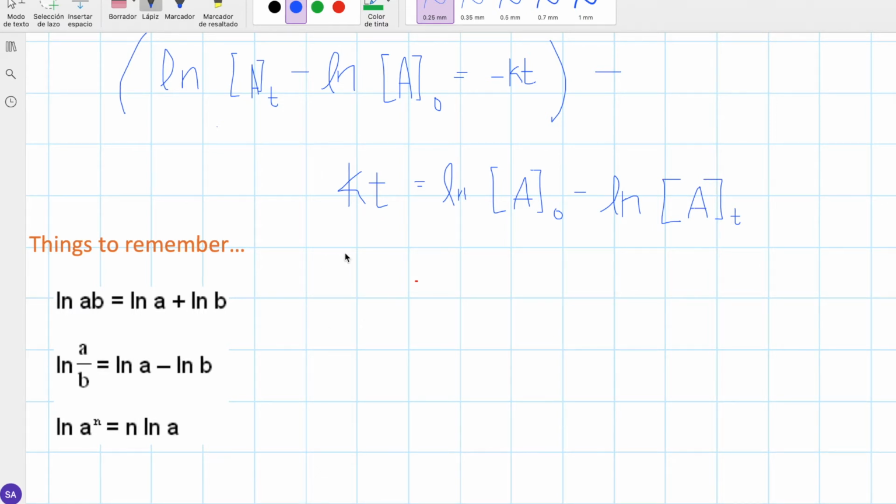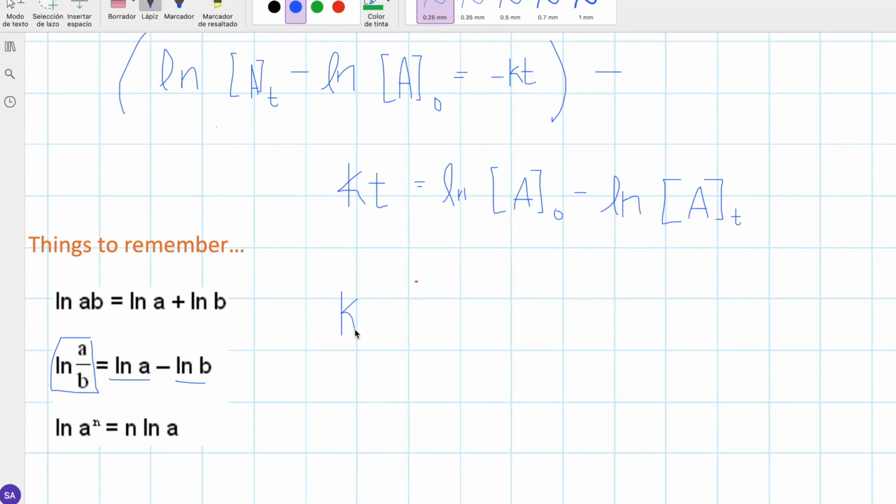Okay. And as you can see here, we can apply a property from natural logarithms. I don't know if you remember this from your pre-cal class, that whenever you have ln of a minus ln of b, you can just put it in this form. So actually we're going to do that so it can simplify things.